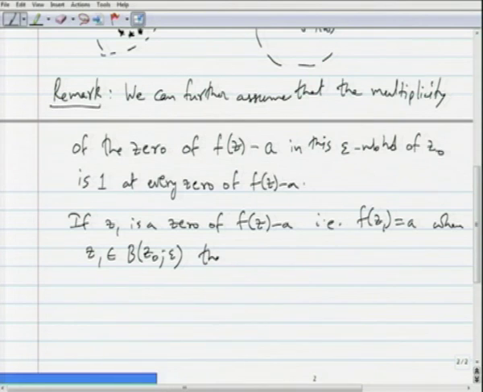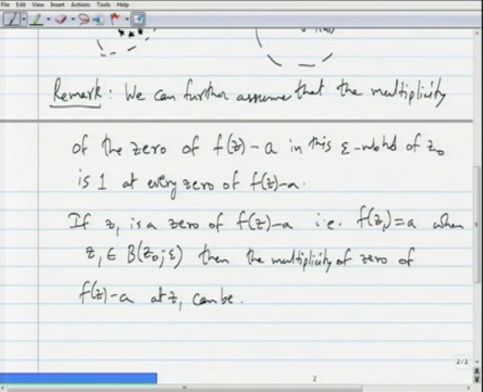Then the multiplicity of the zero of f of z minus A at z 1 can be assumed to be 1, or it can be said to be a simple zero, where there is an assumption that A is not equal to w naught.